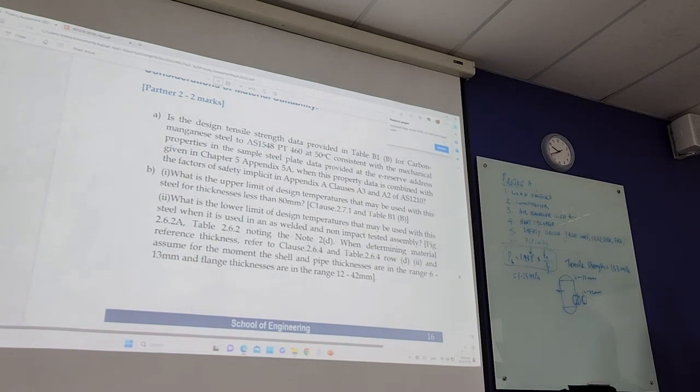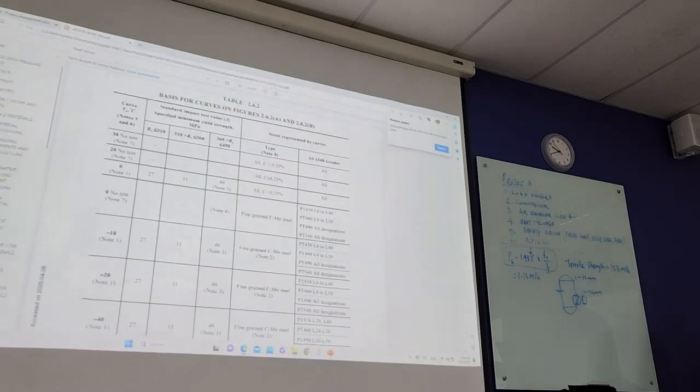When determining material reference thickness, refer to clause 264 and table 264. Okay, let us go to clause 264.